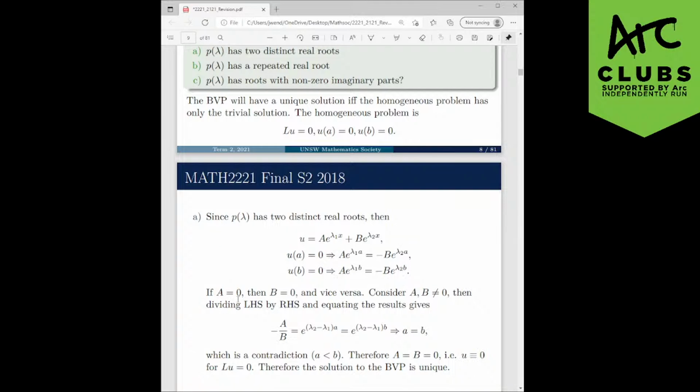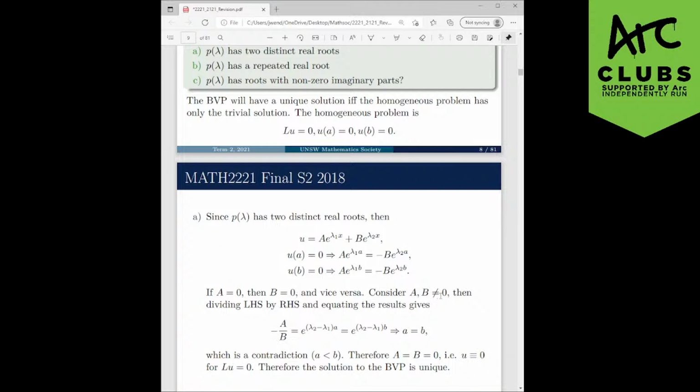If your capital A happens to be 0, so for example here, this left-hand side going to 0, that will force your right-hand side to go to 0. And of course, exponentials being positive, it's not the exponential that's 0, it's your capital B that's 0. And vice versa, you have the same logic. If you know capital B is 0, then capital A has to be 0. That is, of course, the trivial solution, u being equal to just 0 plus 0, and it's 0.